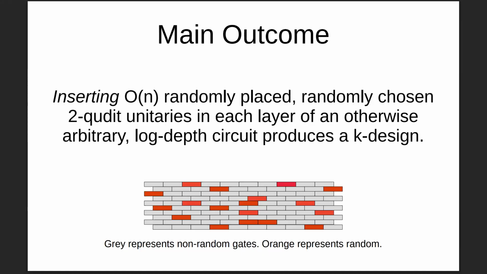It doesn't really matter what's interrupting it, unless that interrupting thing is creating purity. So you can't, for example, forestall k-design formation by inserting more unitaries. And so this is actually recovering something like a censoring inequality. It's saying that putting more gates in this sense doesn't make things slower.